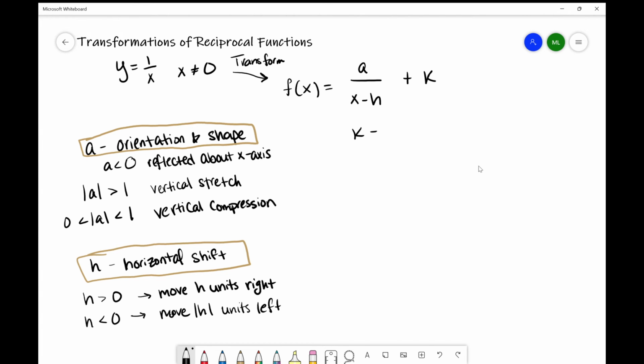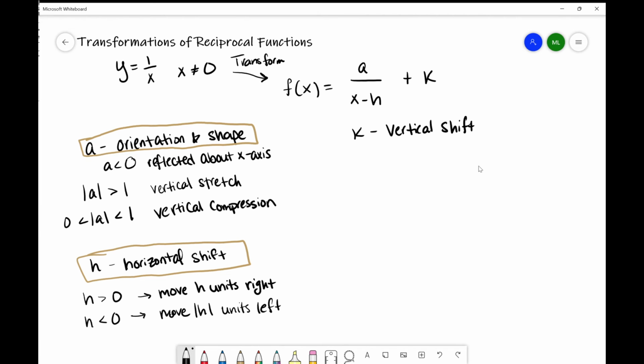And k, as we've seen in our previous transformations, or if you're familiar with other kinds of transformations, k usually, and almost always, denotes a vertical translation or a vertical shift. For a linear equation, it's like your y-intercept. But here we have a reciprocal function.